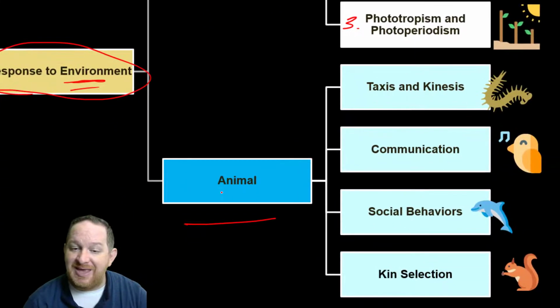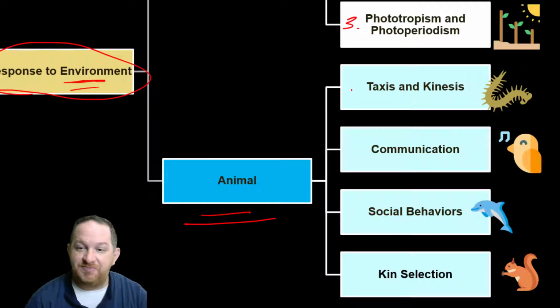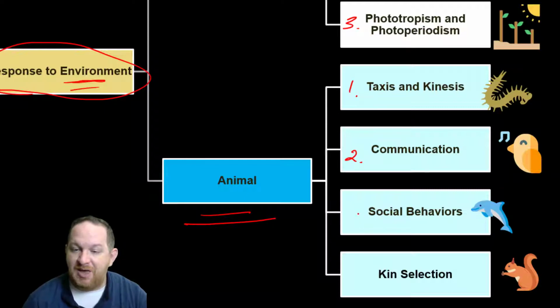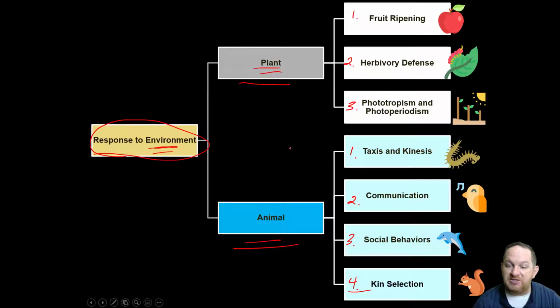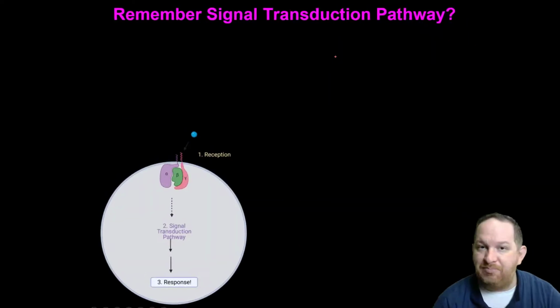And then in the animal section, I want to talk about four different kinds of response: how animals respond in their movement, how animals communicate, like the bees, how animals are social, and then this idea of kinship selection and the idea of animals taking care of other animals. So these are the main topics we're going to look at in this video. Let's get started in the plant area with fruit ripening.